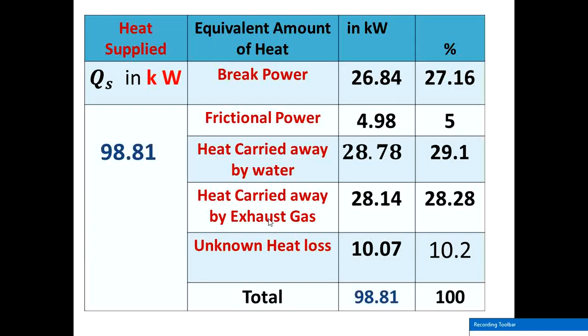Okay. Next, this is the heat balance sheet you want to calculate. Write down the heat balance sheet as usual: brake power, frictional power. In examinations, in some books they give indicated power directly.